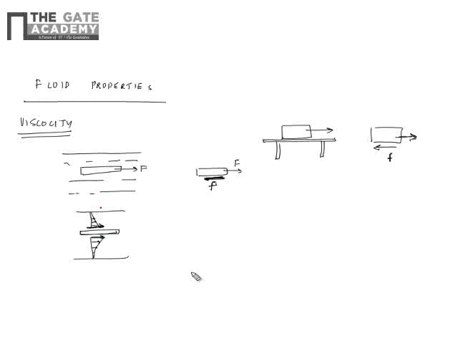So how viscosity is defined is, viscosity is basically a measure of resistance to deformation, or resistance to fluid motion, you can say.